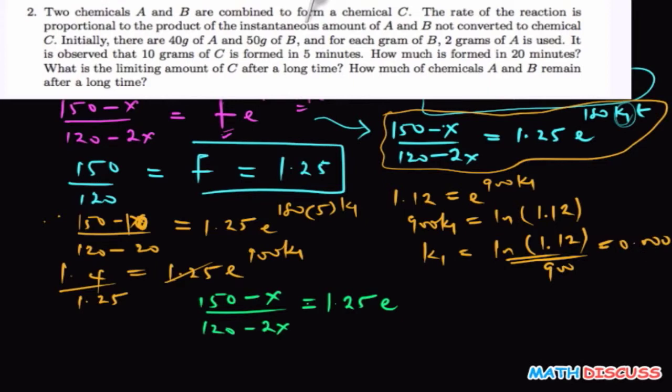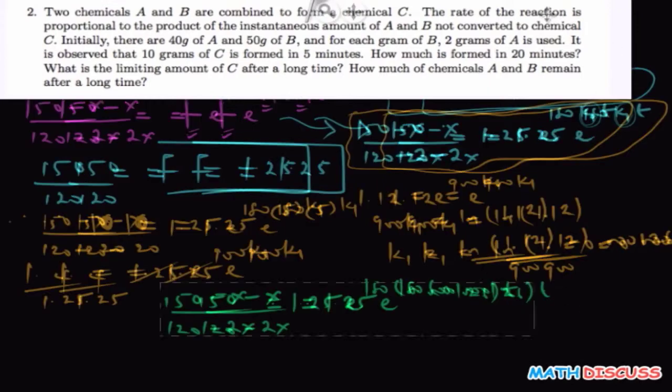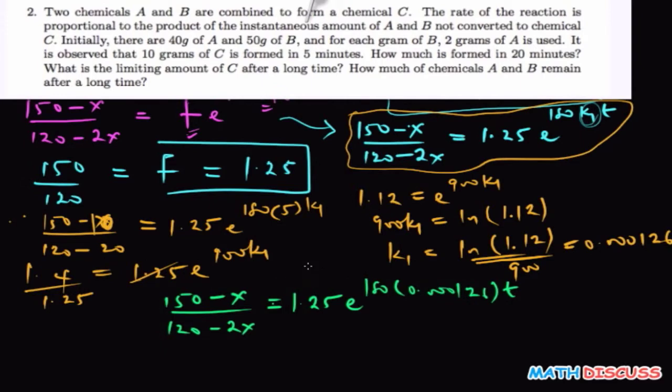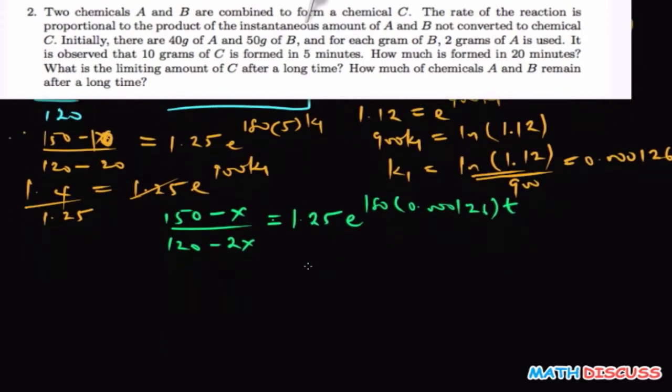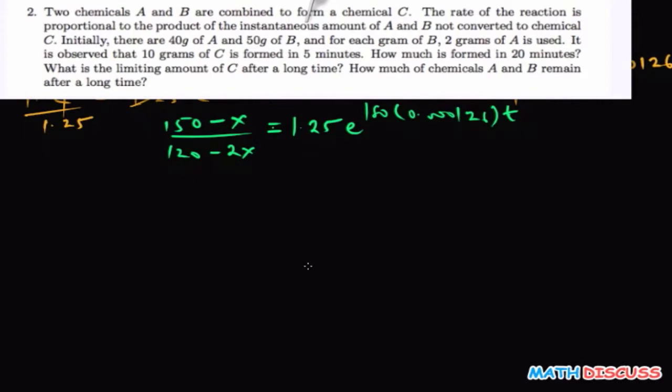So x is going to be 180 times that, which is 180 into 0.000126. So we now move forward.